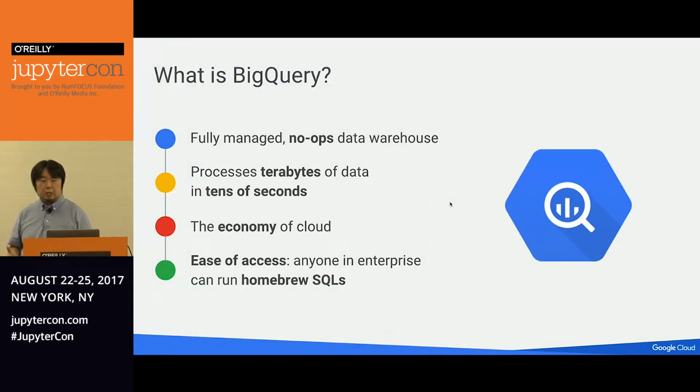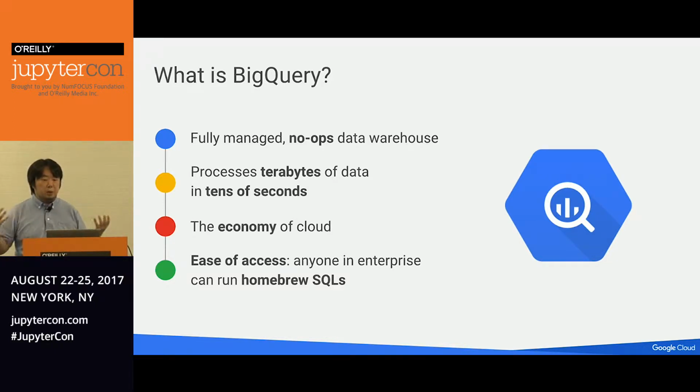So BigQuery is a fully managed, no-ops data warehouse, and you can process terabytes of data in tens of seconds. But still, the cost is so low, inexpensive, compared with the competitors' products. And it's so easy to use. It's just standard SQL. Also, it's scalable, so any slow-running queries, homebrew queries, or quick and dirty queries do not affect the performance of the production queries.